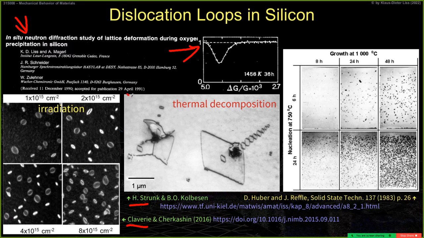They show this figure here, the thermal decomposition. So what happens, oxygen precipitation in silicon, silicon has supersaturated oxygen in the crystal lattice. And when we heat it up again, this is from the production. So the production of silicon, it's above 1400 centigrade.